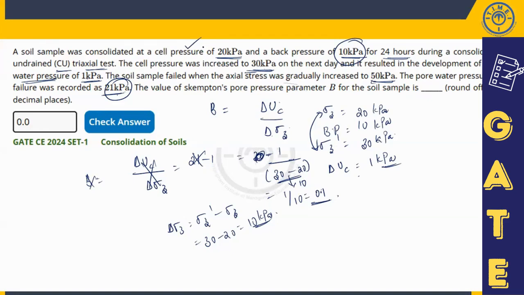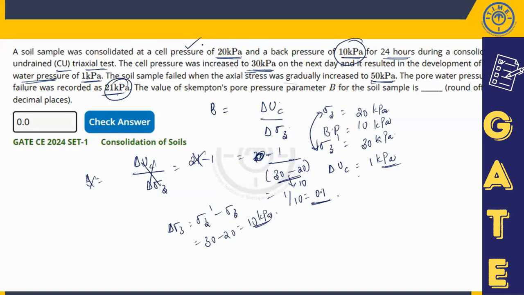How is the pore pressure varying? In a CU triaxial test, B is measured during isotropic loading before axial stress is applied. Drain valves are closed. Only cell pressure is changed.